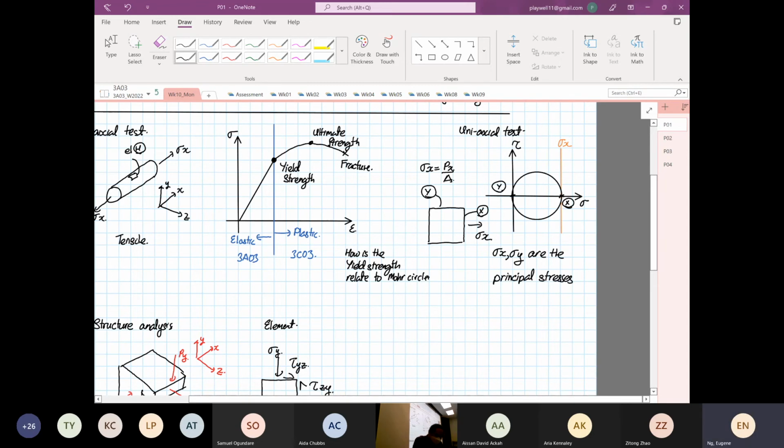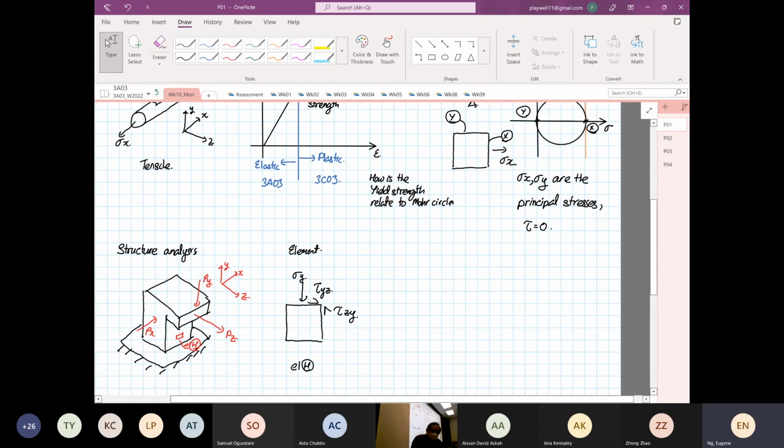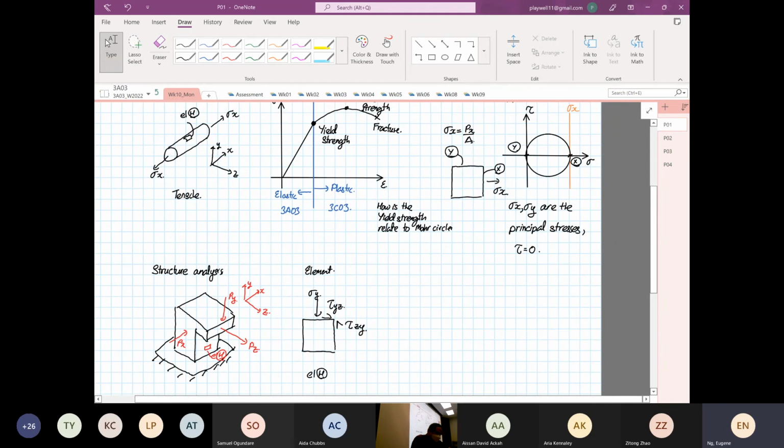So when they're principal stresses, it means the shear stress is equal to 0. Now, on our element in the structure analysis, on the element below, we realize that the loading condition is not the same as the uniaxial test.